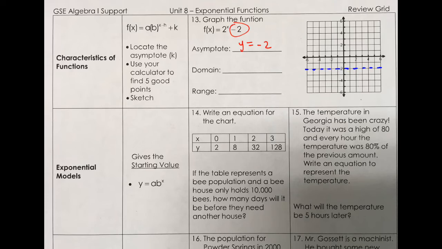And because they've provided us with the function, which is this entire thing in green, in order to find 5 good points, like it's telling us here over in the directions, we have to punch this whole part in the calculator under edit function and then go in and look for 5 clean points to help yourself make the graph. And then I'm just going to do a rough graph here.